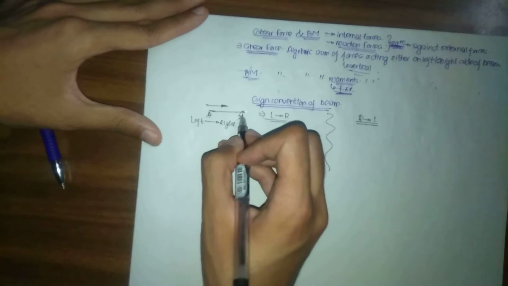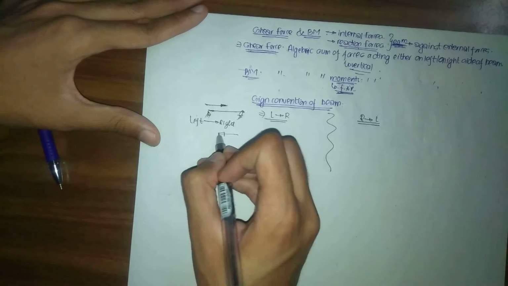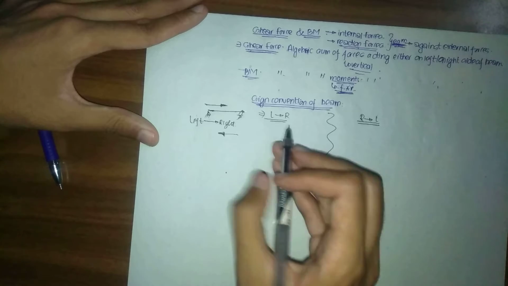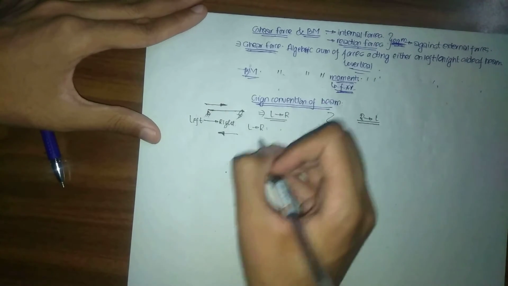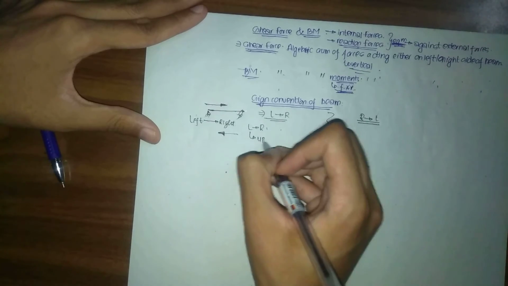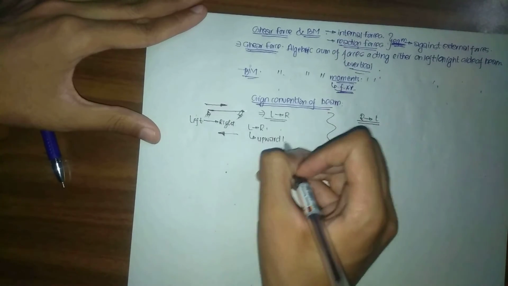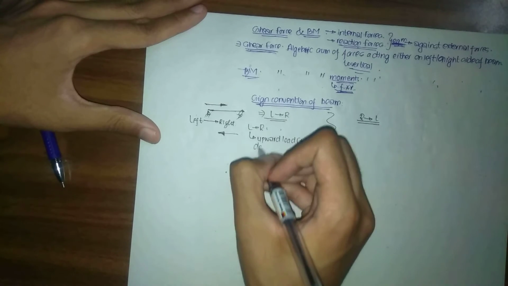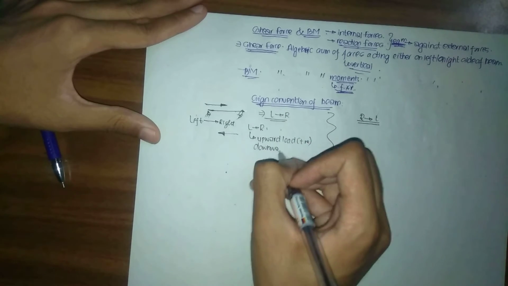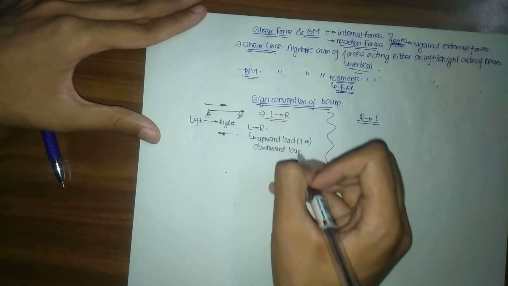But if you are moving from right to left, you will have exactly the opposite sign convention. So if you are moving from left to right, you will take upward load as positive, while you will take downward load as negative.